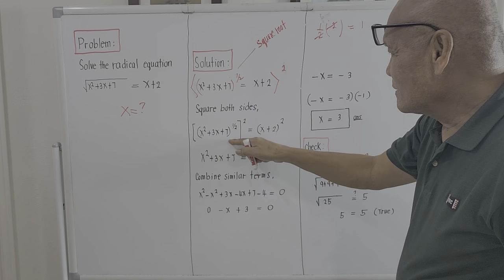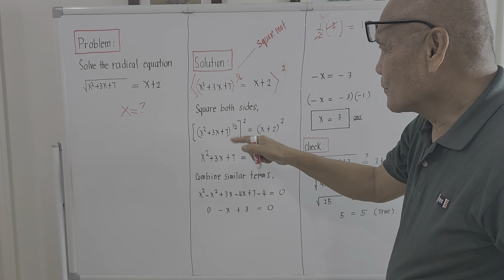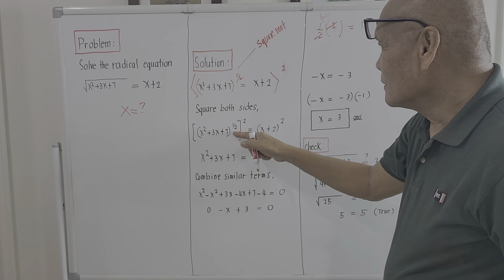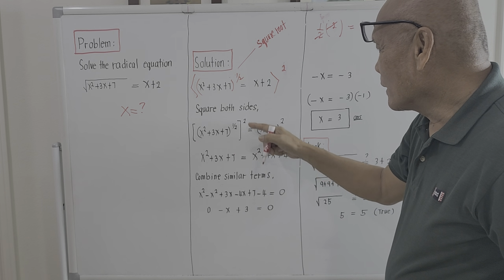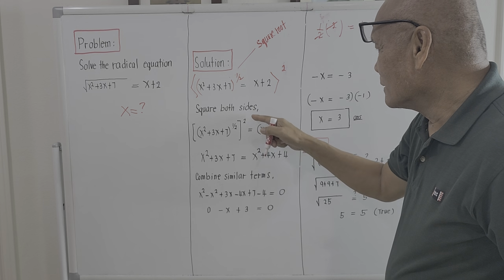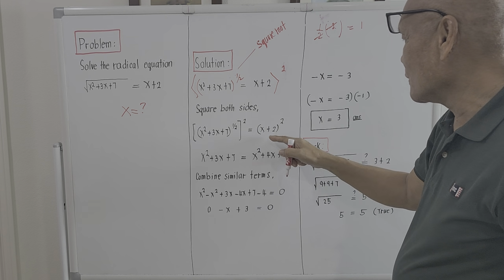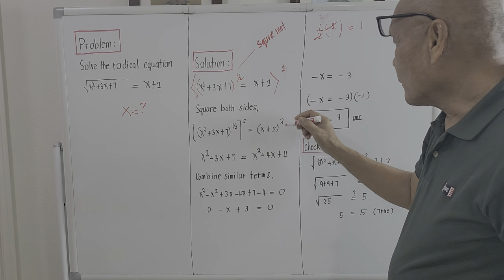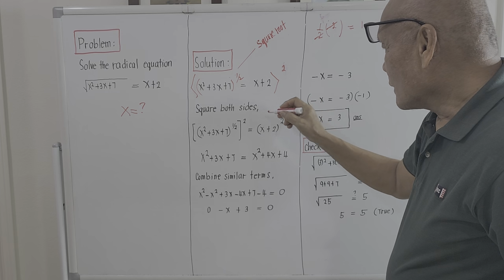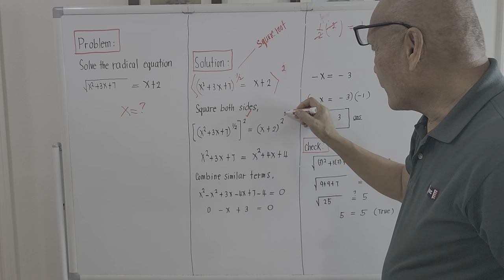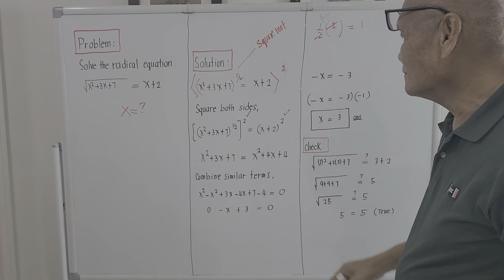I just rewrite the left hand side in the so-called fractional exponent, same as the given original square root, and I will raise that to the second power. And they should be equal. The right hand side is simply x plus 2, and I will raise it also to the second power. What I do on the left, I do on the right. We square the left hand side, we square the right hand side.